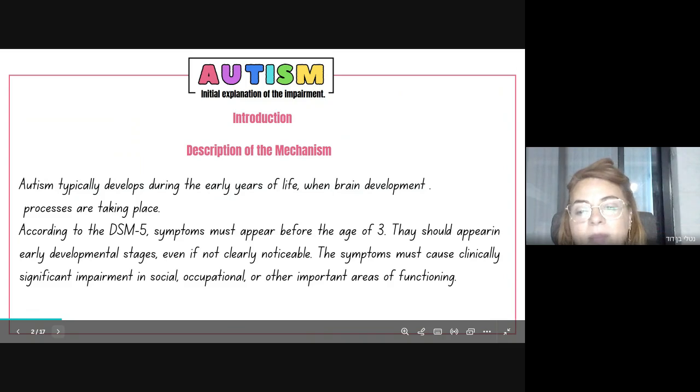The symptoms must cause clinically significant impairment in social, occupational, or other important areas of functioning. The child may show signs of autism at an early age, but sometimes the symptoms become apparent only later, when social and communication expectations increase.